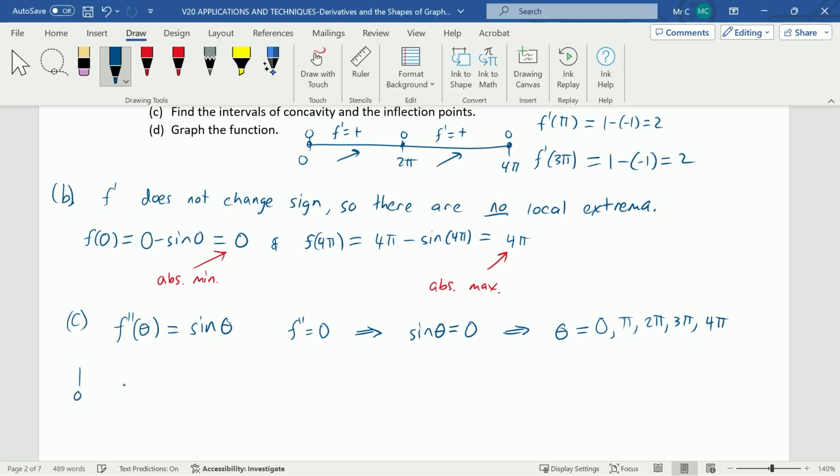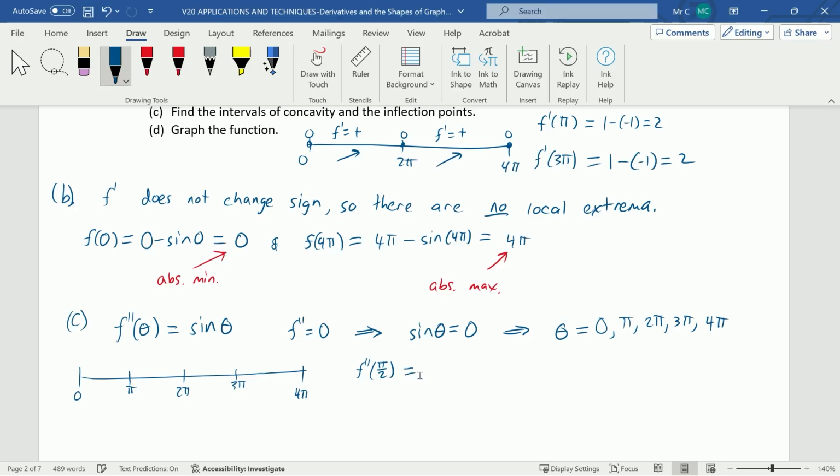So we draw our interval. And now we start checking our second derivative at some points inside each interval.